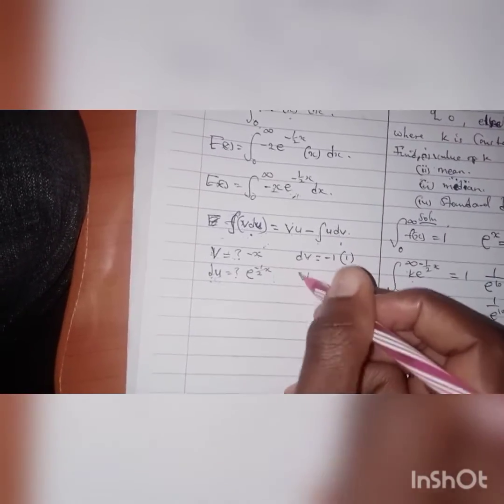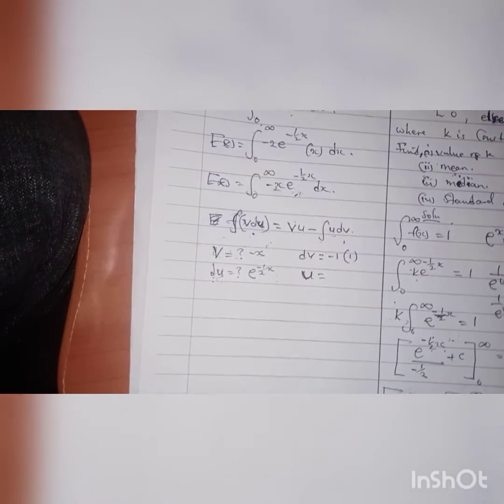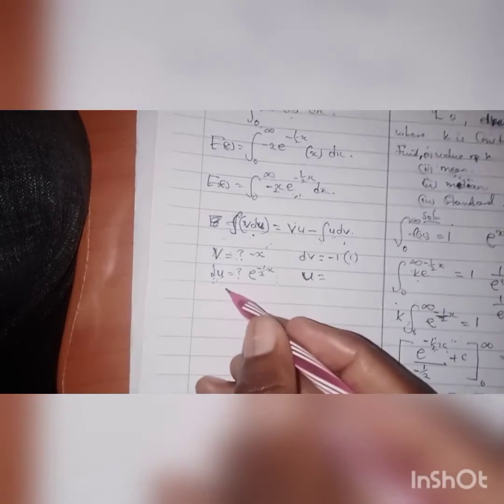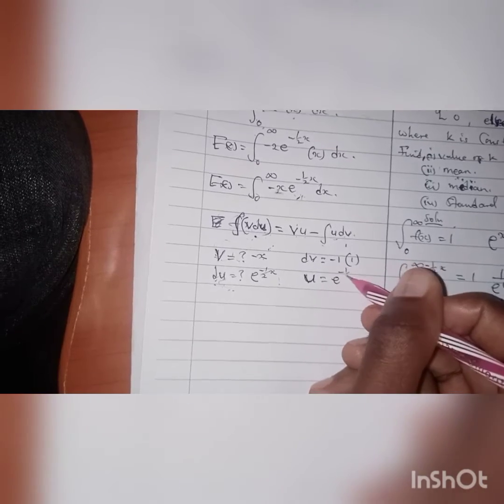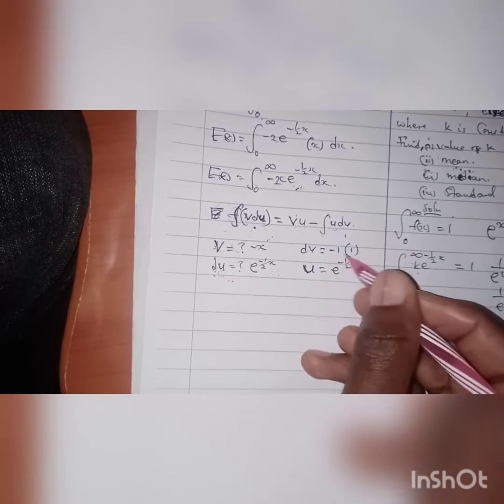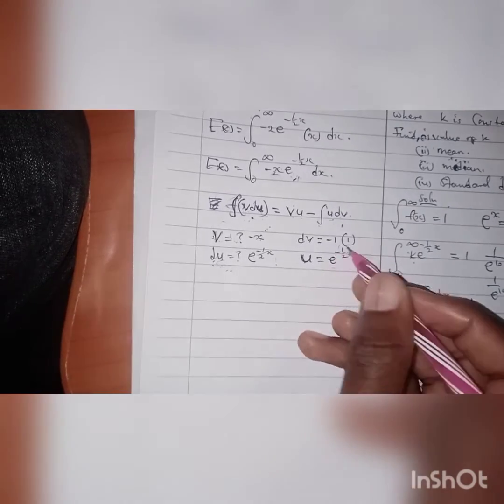How do we get u now? There's u in our function. Getting u, we have to integrate. Integrating is just you take the function e raised to the power minus 1/2 x, and divide by the derivative of the power. The derivative of the power is just minus 1/2.